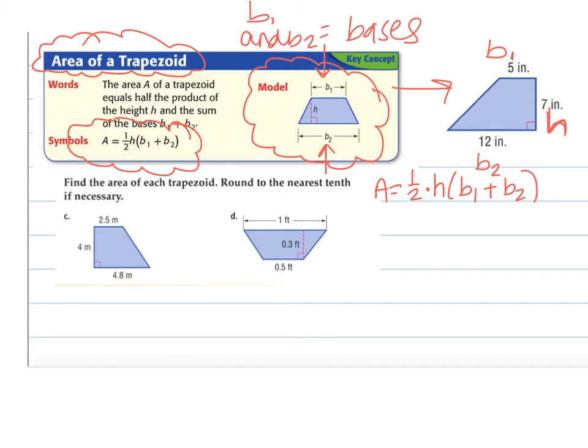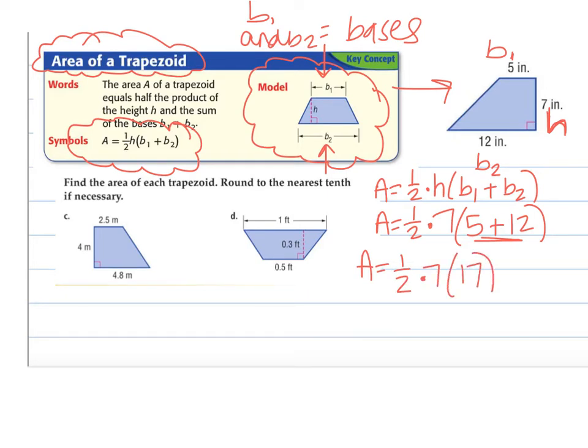So remember PEMDAS, order of operations, we do our parentheses first, then we do outside. So before I do anything, I'm going to plug in what I have. So my H is 7, my base 1 is 5, base 2 is 12. Now I'm going to do my parentheses first. So I have A equals 1/2 times 7 times 17.